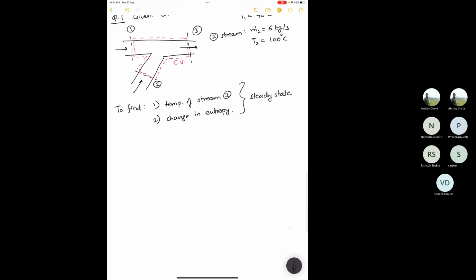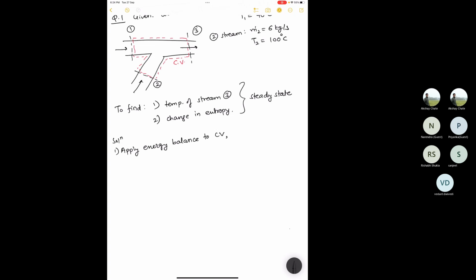Now, I think some of you have already figured out the first part is easy. You need to apply the first law. So for the first part, you apply energy balance or the first law. You can write it both ways for the control volume.